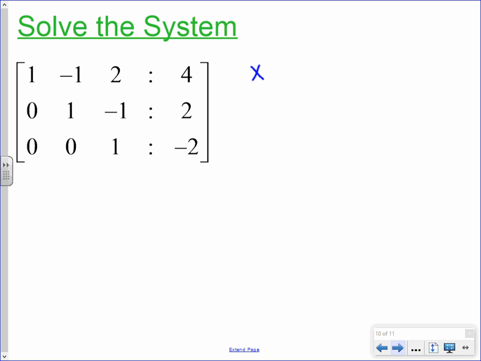What'd you say? So what do we do with that -1 and 2? Okay, I like that better. X minus y plus 2z equals 4. What does the second row mean, Sarah?